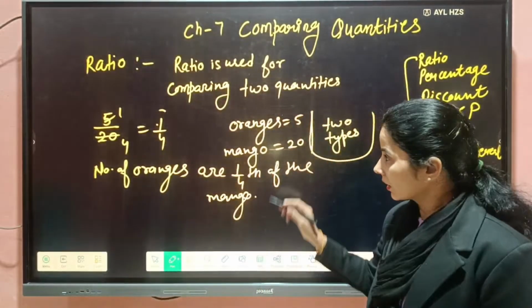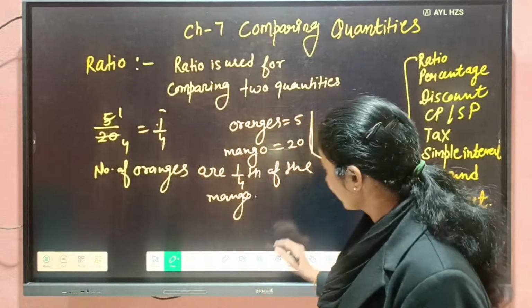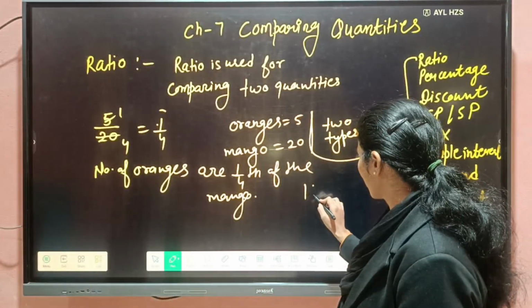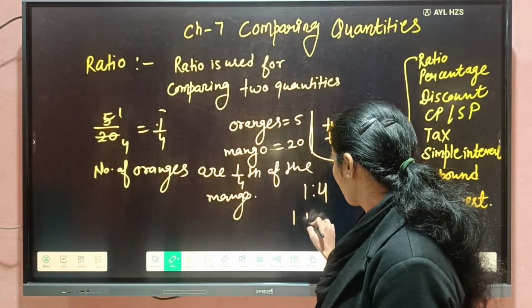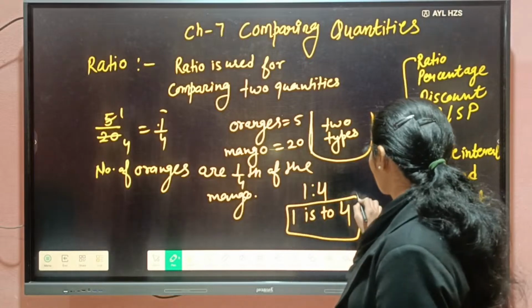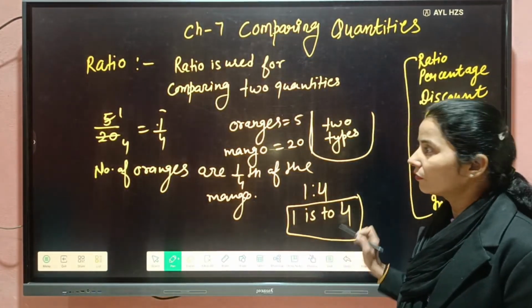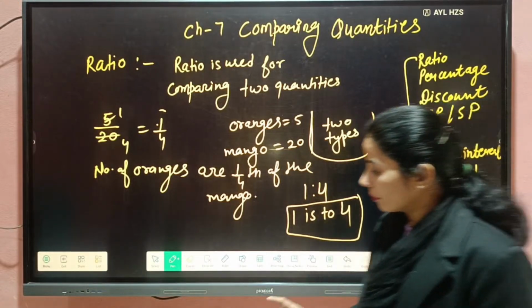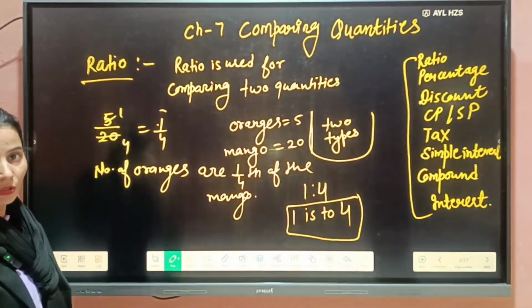Now it is 1/4, 1 by 4. In ratio, if we want to write, we can write 1/4 and we will read it as 1:4. Being a ratio, being a comparison, this ratio has no unit.